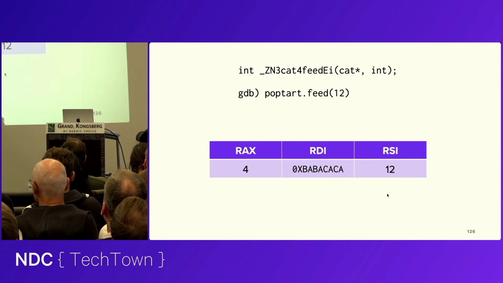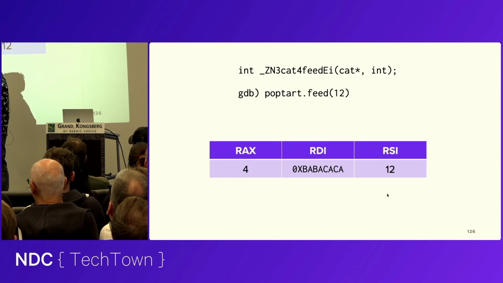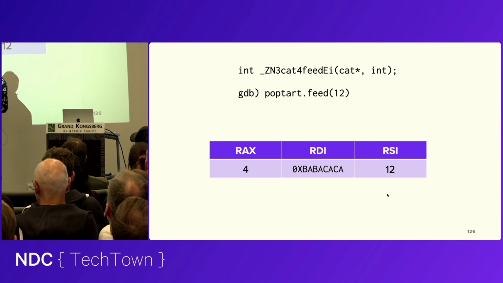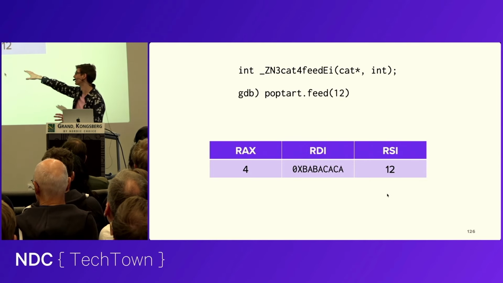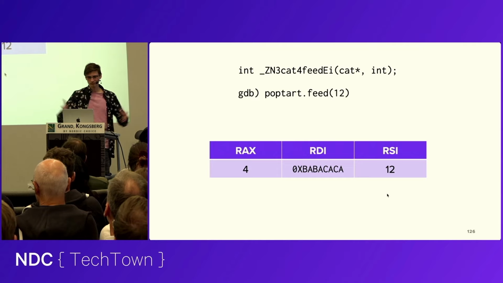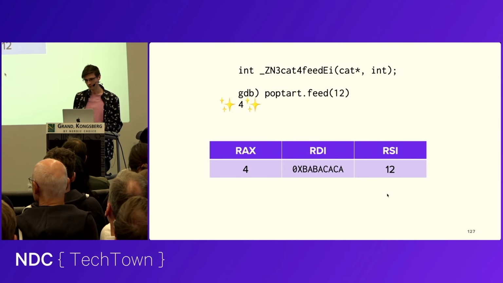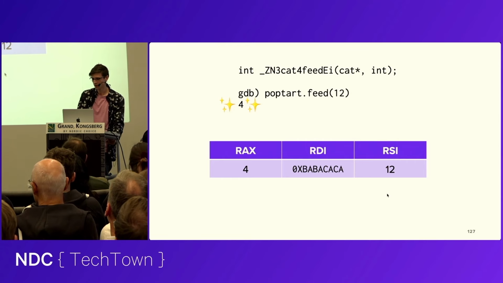The ABI says that the return value is put in RAX, and it also says that the function may clobber either of these, so it's just written garbage in here. If we needed that, hopefully we saved it somewhere. But based on that, we know where the return value is, and we can print it out. All worked.